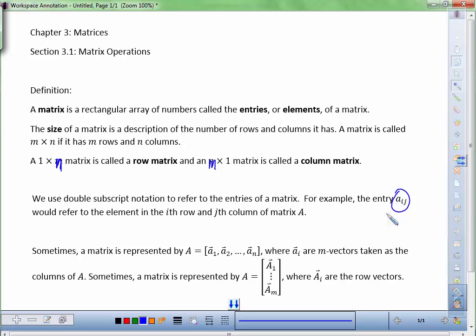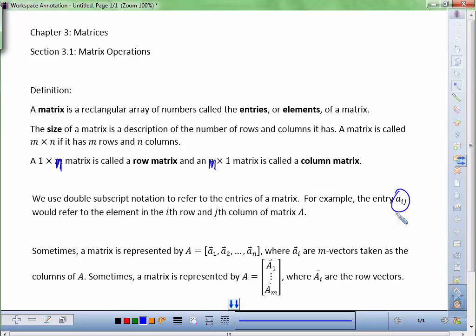We can always try to spot where a particular value is based on the row and column. This is important particularly for computer science majors, because when you try to access a particular value from a big table of things, it's good to know how to get to that one particular value in the table.